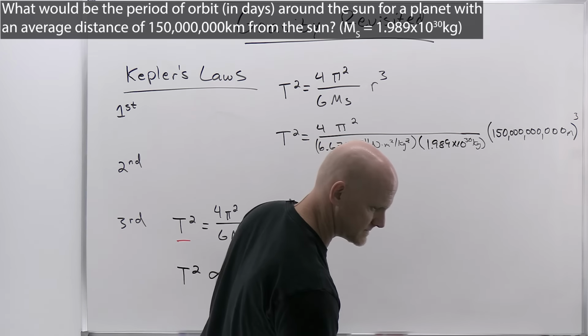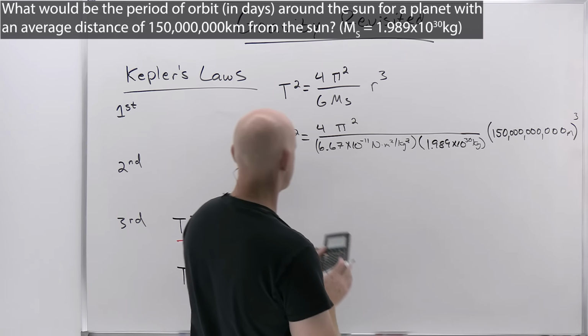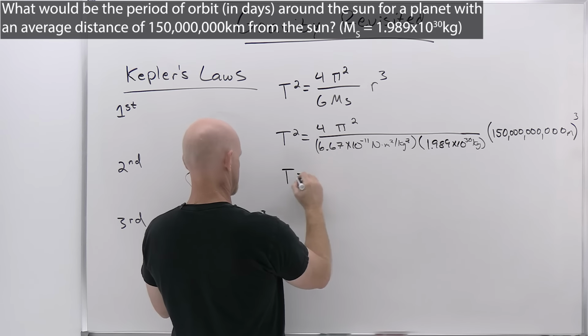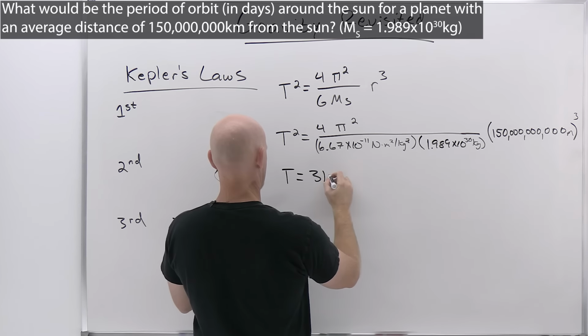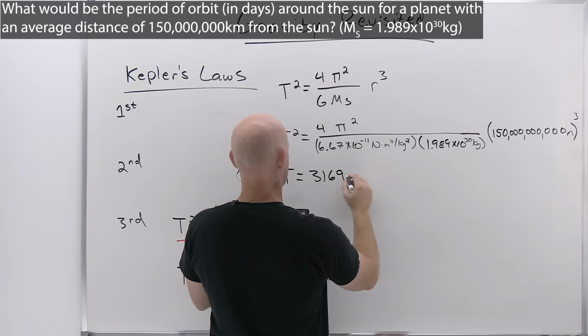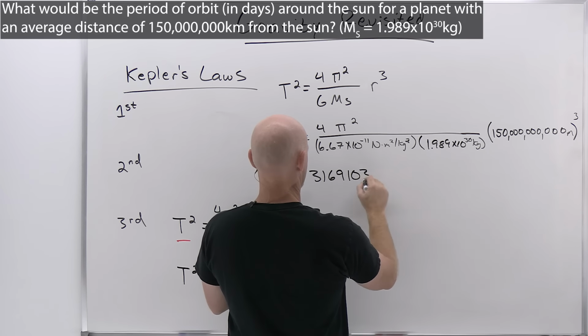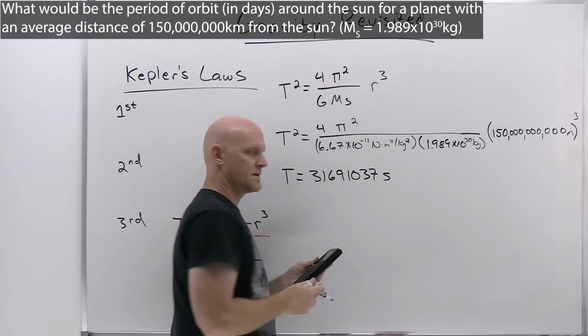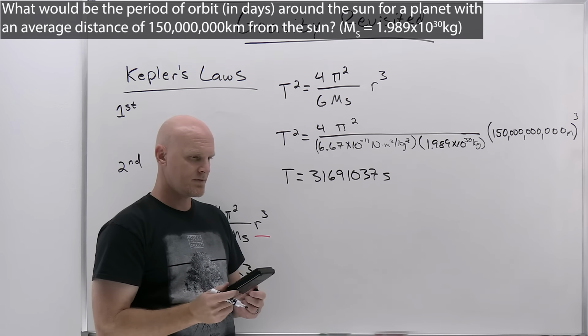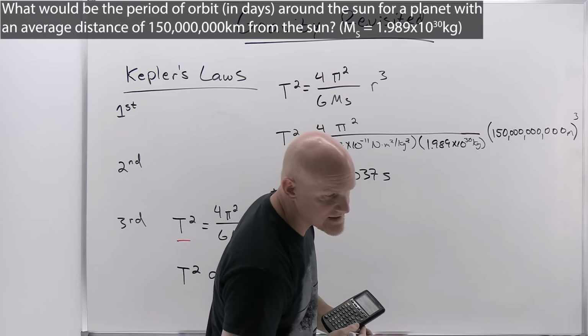All right, let's write this out. So T equals 3.1691037 times 10 to the 7 seconds. But the question wanted the number of days.